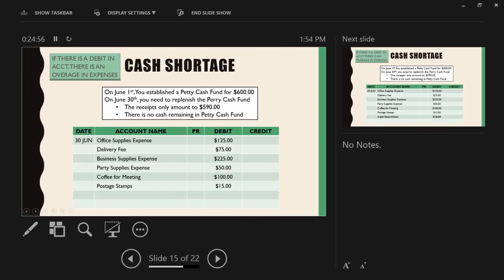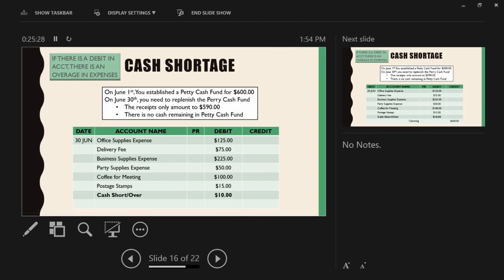But what I found in the petty cash drawer was there was no money left. So if I establish my petty cash fund to be $600 and I find that 590 is actually there, but I'm missing that extra $10, then I need to report it as a shortage of $10, okay?